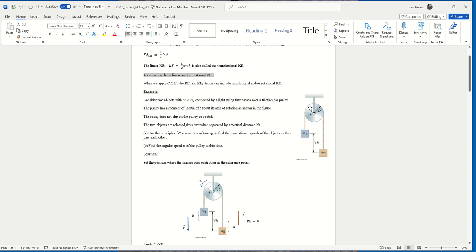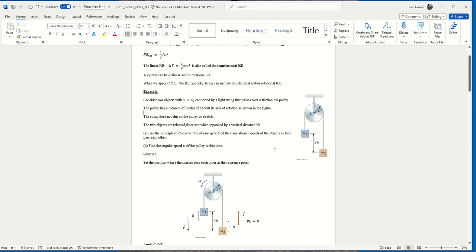We're just calling the moment of inertia of the pulley I. Unless I tell you otherwise, we can't assume that the pulley is a uniform disk. It may or may not be; it isn't, because you see I have a little indented surface here. So we're just going to call the moment of inertia I. But the pulley is pivoted. There's a frictionless pivot through its center.